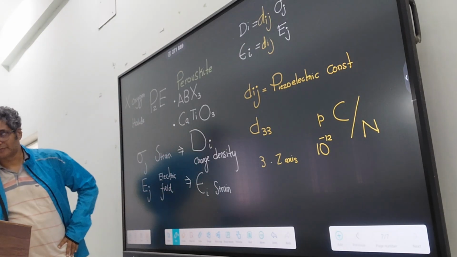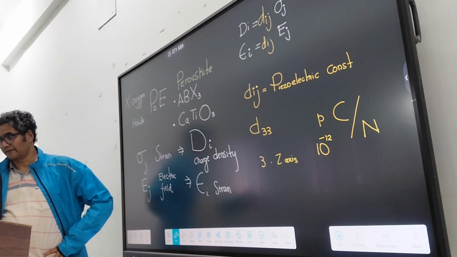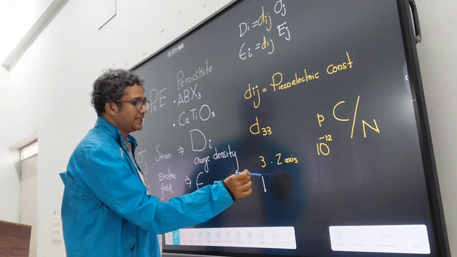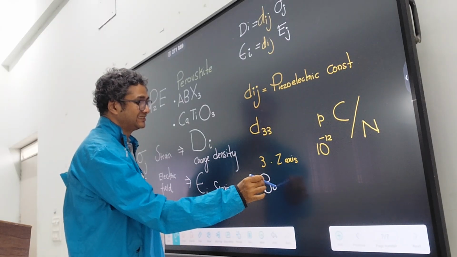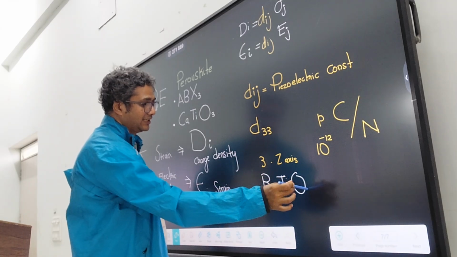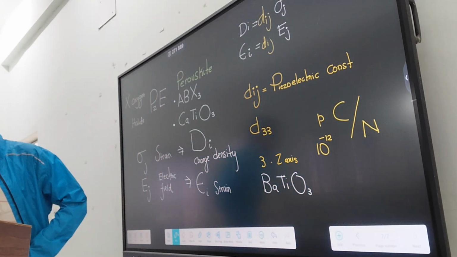So the piezoelectric materials are basically perovskites, apart from a few others. For example BaTiO3, barium titanate. This is a perovskite material which is also piezoelectric.